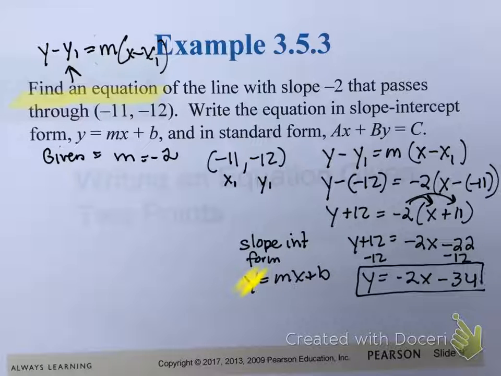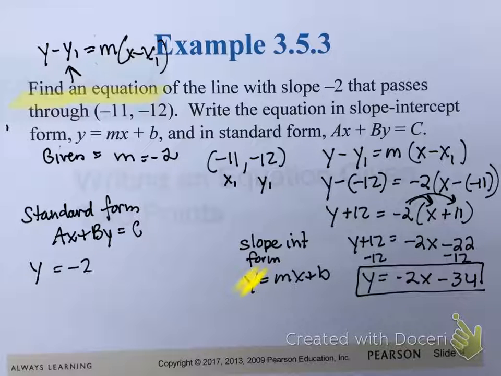Okay, that's slope-intercept form. Now, because the directions tell me, I also have to do standard form. Standard form, if you remember, is ax plus by equals c. So what that means is I have to have both x and y on the same side. Since I just placed this in slope-intercept form, I'm going to use that one to start with.